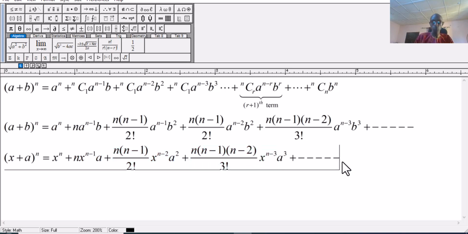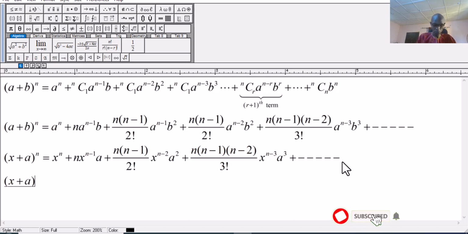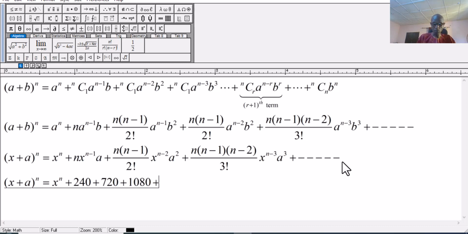According to the question, we are not given the first term, so I'll just assume it's x raised to the power of n, plus 240, plus 720, plus 1080. We don't know the other terms. These are the terms we are given.